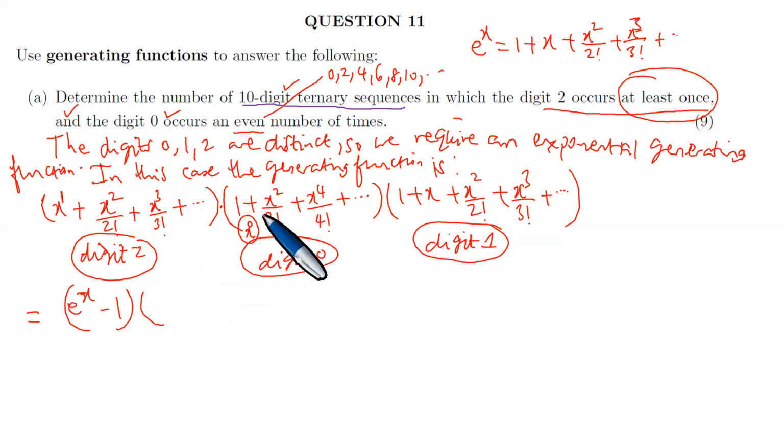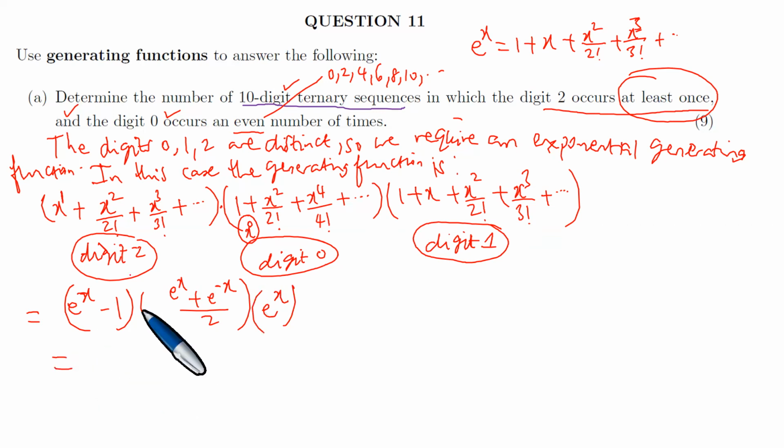If you look at the back, this one is e to the x plus e to the minus x over 2. That is what is at the back of the paper. Then the 1 plus x squared, and so on, is the general e to the power x. So we have this now. We can just multiply everything.